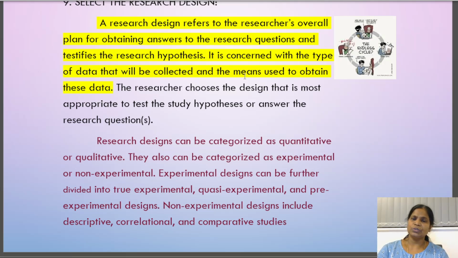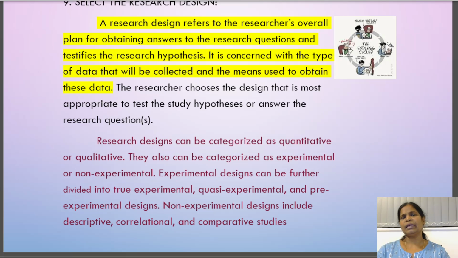The researcher chooses the design that is most appropriate to the study hypothesis to answer a research question. These designs can be categorized as quantitative or qualitative. They can be categorized as experimental or non-experimental. When we say experimental designs, we go into true experimental design, quasi-experimental design, pre-experimental designs.